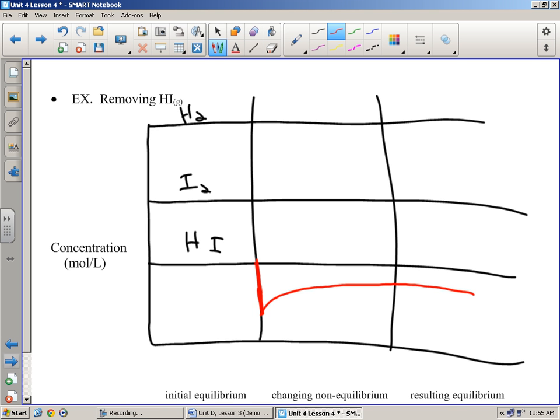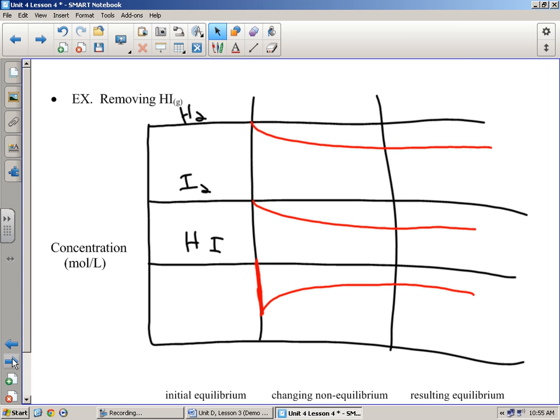How does it make more? Well, there's only one way it can make more HI, and that's to use up H2 and use up I2. There's no other way to make more HI than using up those 2 reactants.